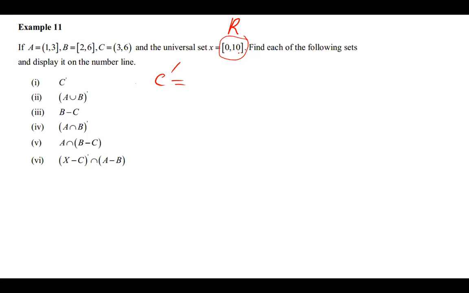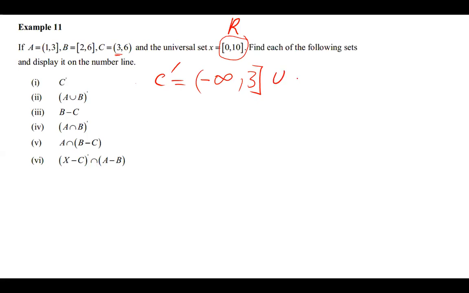Now, if for instance the universal set was a set of real numbers, or the universal set wasn't given, but we know that we're dealing with intervals, it means that the answer will be C complement. Since our C is from 3 to 6, the answer will be from negative infinity, open there, comma 3. Since 3 is not part of set C, it's going to be part of the complement.